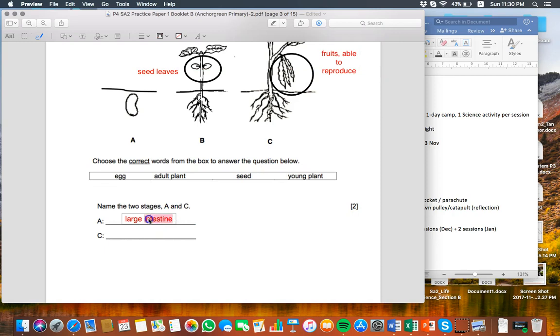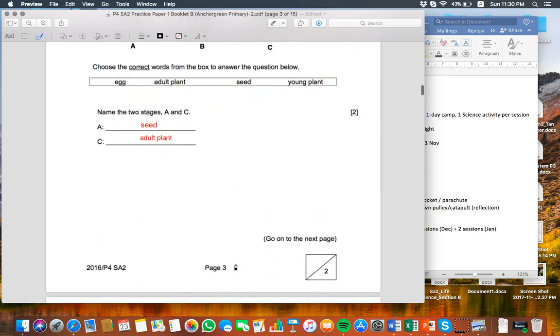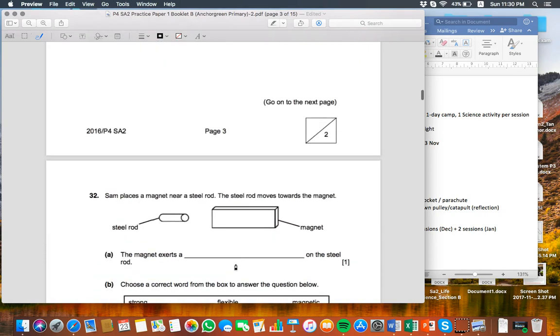So A would be the seed stage, C would be the adult plant. Do you get this correct? Very good. Now let's move on.